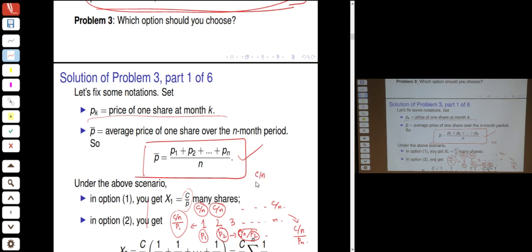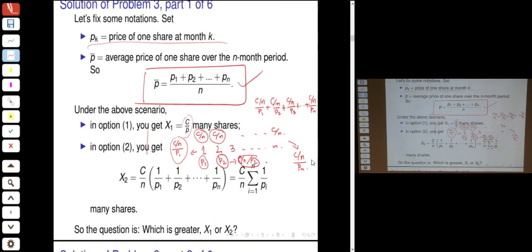You got C over n by P1 plus C over n by P2 plus C over n by P3 plus and so on up to C over n by Pn, okay, and you can take the C over n common and write this as C over n times 1 over P1 plus 1 over P2 and so on up to 1 over Pn, okay, and we can use the summation notation to express this neatly, the summation notation that we learnt in the previous week.